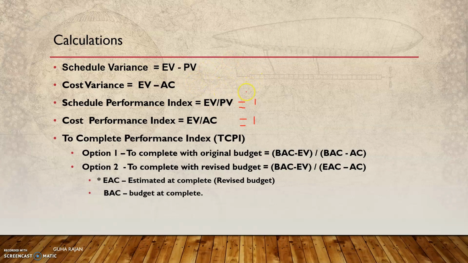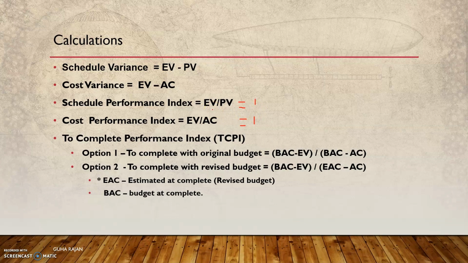There is no cost variance also, because one table, $100, is the effort, and the earned value is $100, so there is no deviation. Then 1 divided by 1, because one table is the plan and one is the earned value, naturally it is going to be 1.